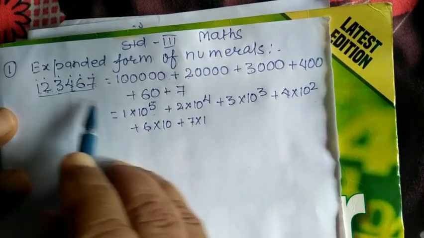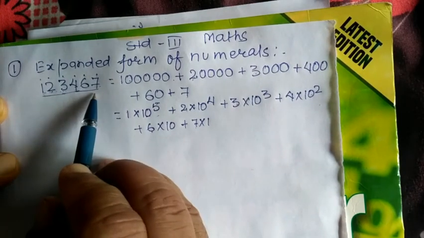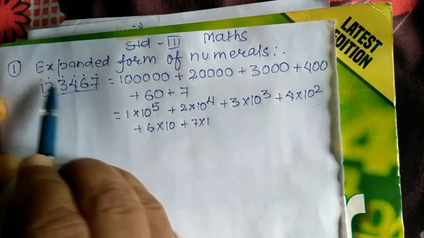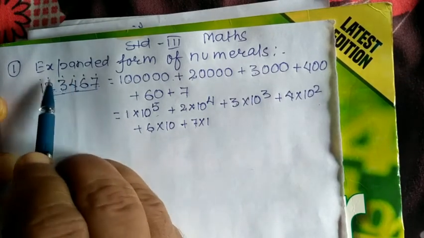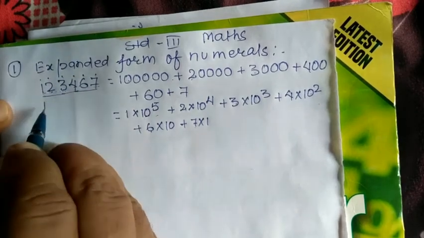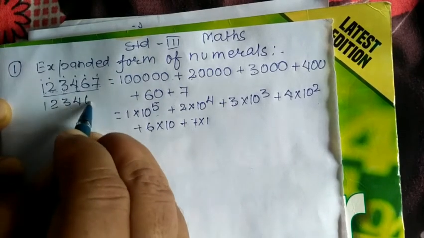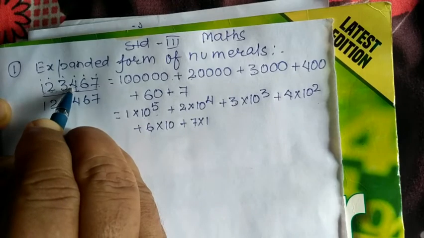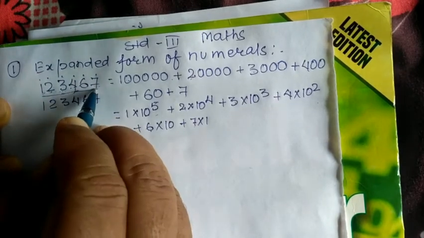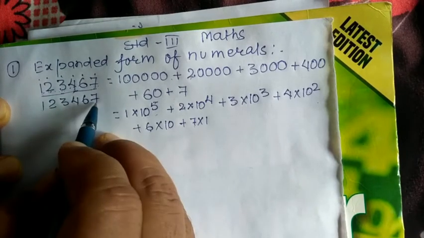Such demarcation you should do in rough, not assign it in the answer. Here you simply write 1,23,467. I wrote it this way only to teach you how to count the number, but you should write it like this.